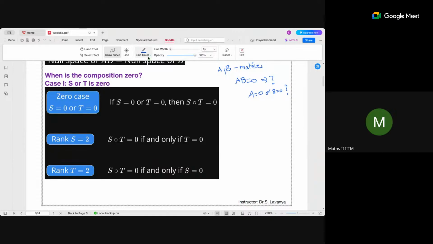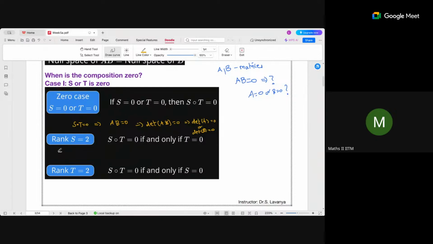Because what happens if S composition T is 0? This means that AB is 0. Right? So this means that determinant of AB is 0. So this means that determinant of A is 0 or determinant of B is 0. Right? So this we have.